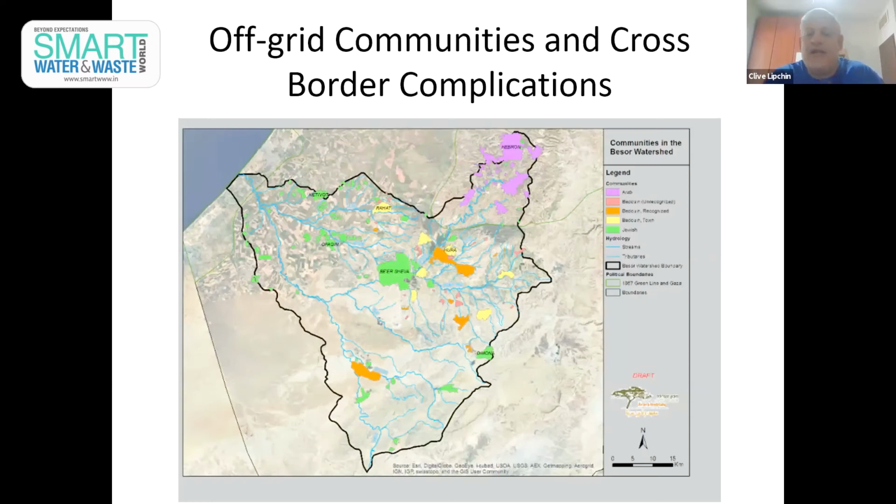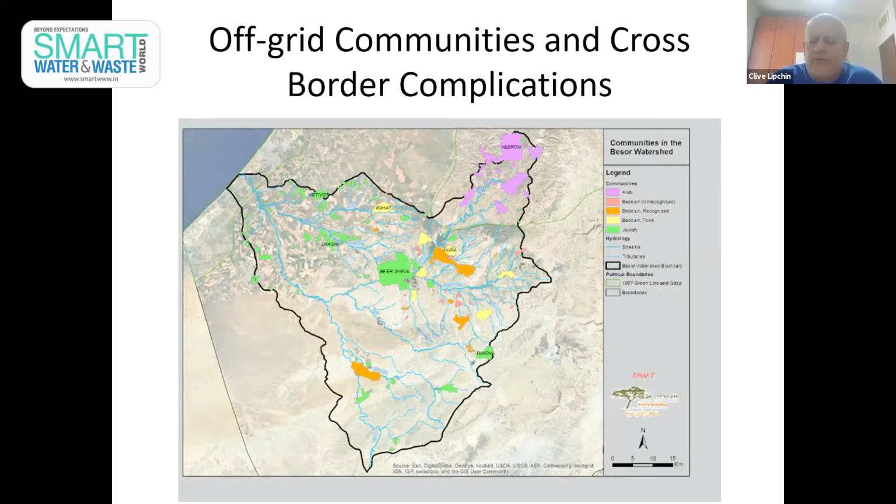So specifically, this map is our case study where we are working. What you can see here, hopefully you can see my mouse, this green line is the border between Israel and the West Bank. These areas in purple are Palestinian communities in the West Bank. Hebron is the largest city in the region.